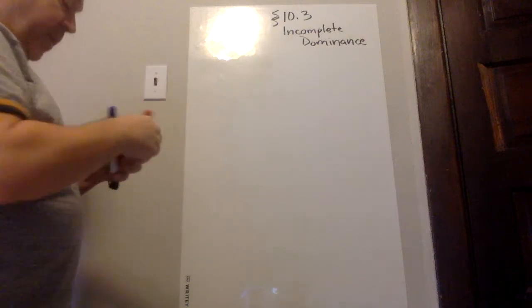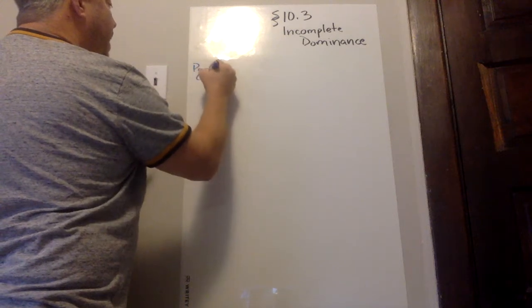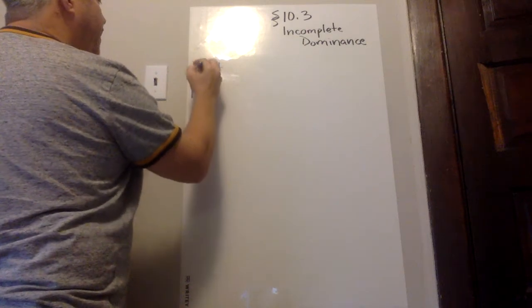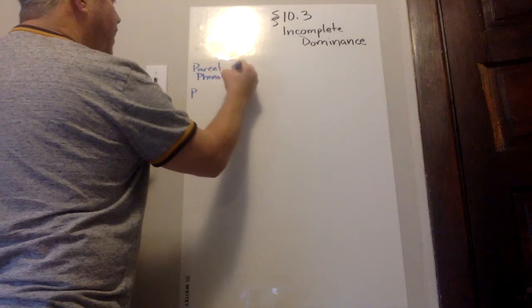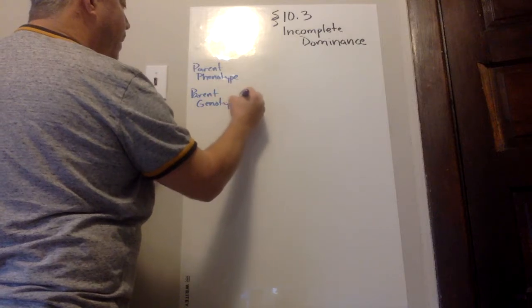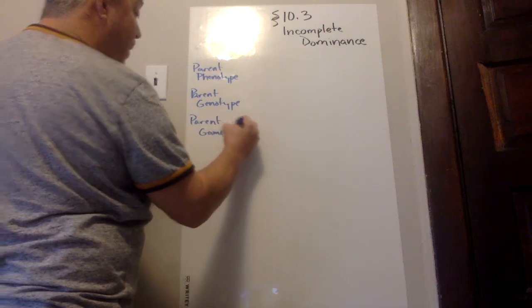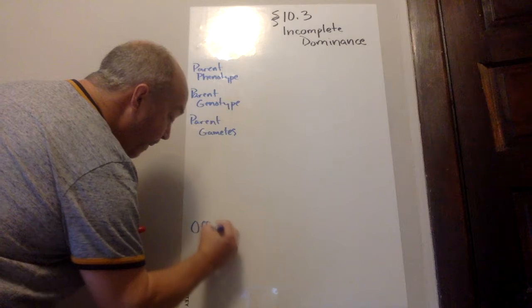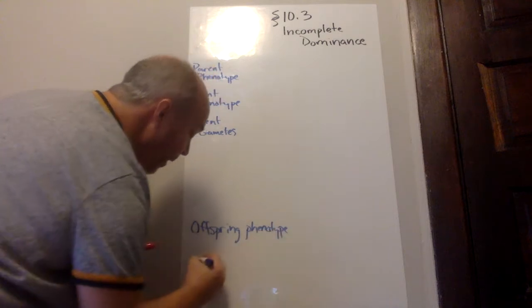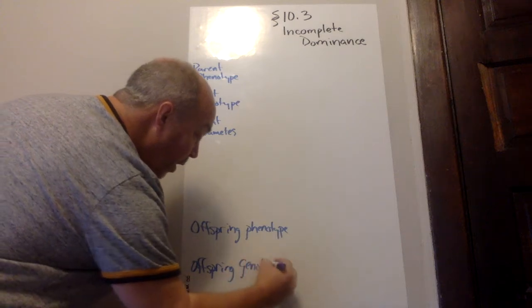I will give you information about the parent phenotype, the parent genotype, the parent gametes, and then we will have the offspring phenotype, and we will have the offspring genotype.